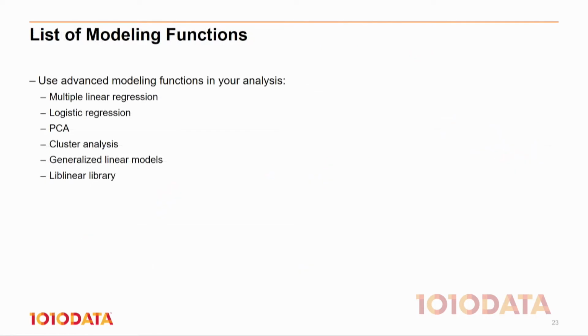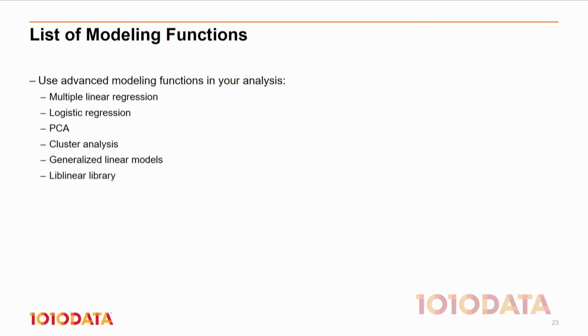And then, as I've been saying, once you have the sample, you can basically use those random samples to create any kind of model that you want, right? In particular, in 1010, we have several advanced modeling functions, from multiple linear regression to logistic PCA. We have cluster analysis functions too.